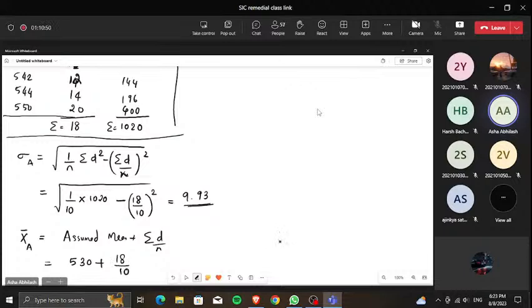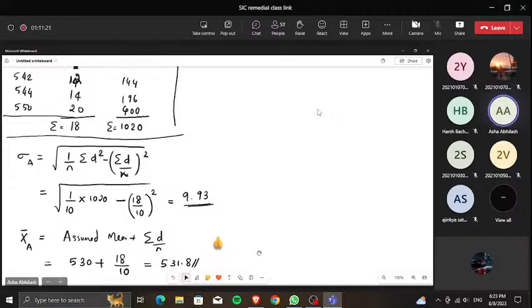N is 10. What is this value? 531.8. Correct. All of you have got 531.8?